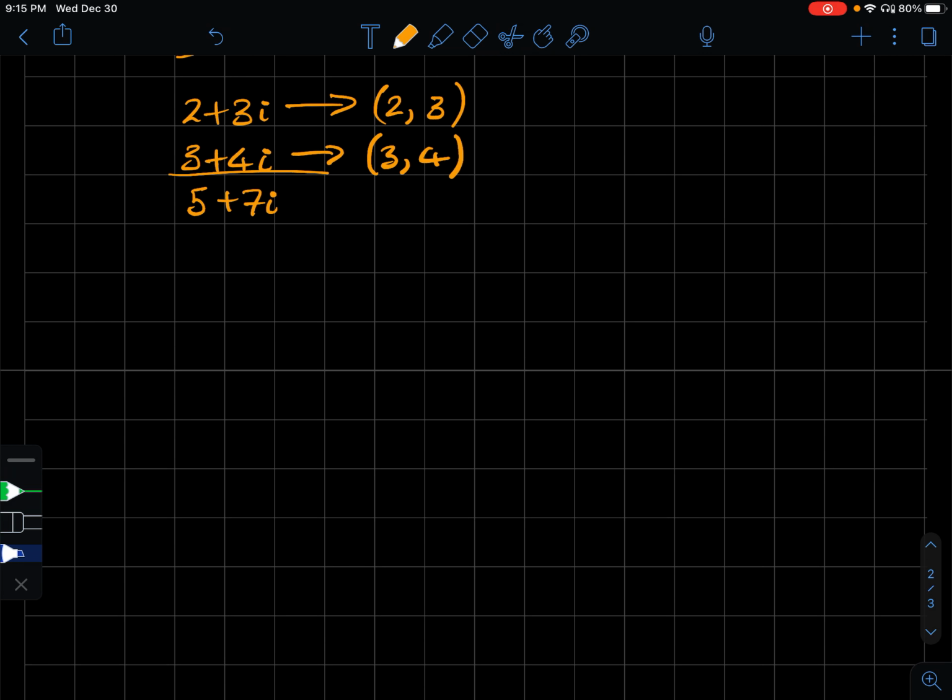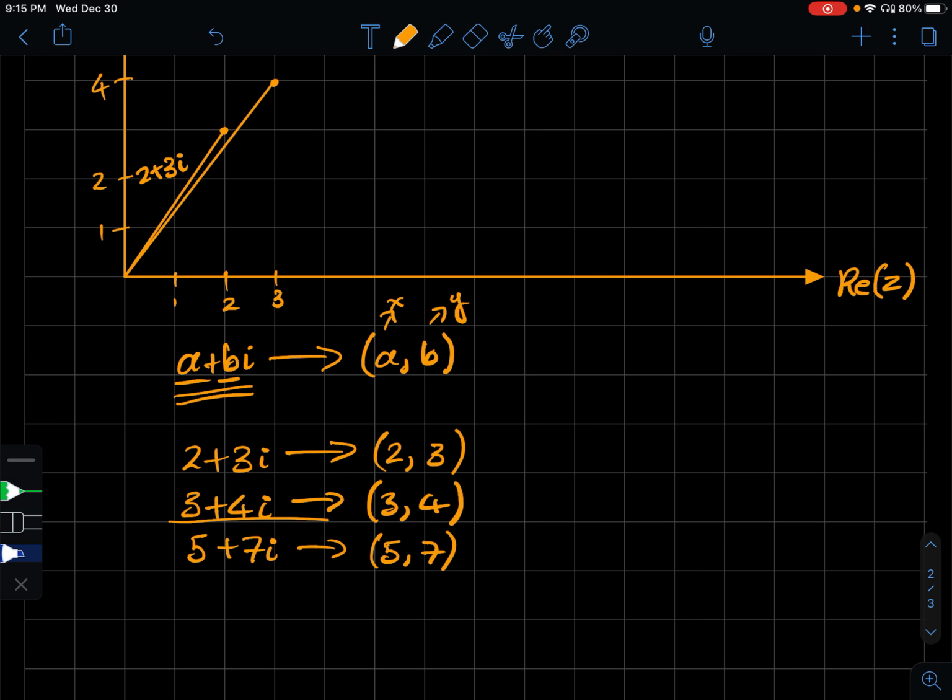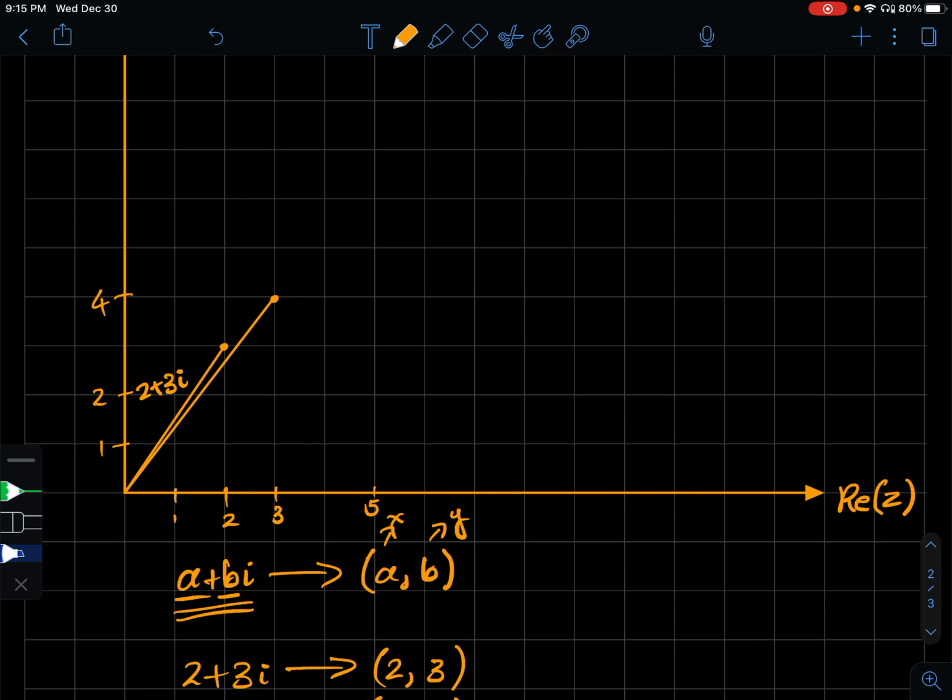Now, if we added them, we'll get 5 plus 7i, which denotes the point (5, 7) on the complex plane. And we have 5 right here and 7 up there. So our point is there.